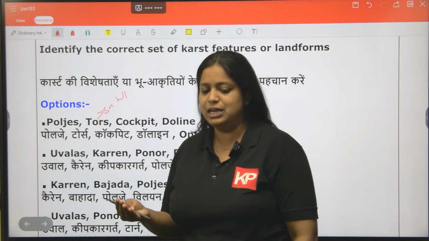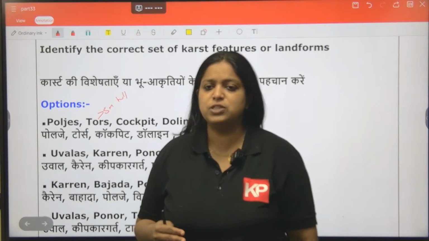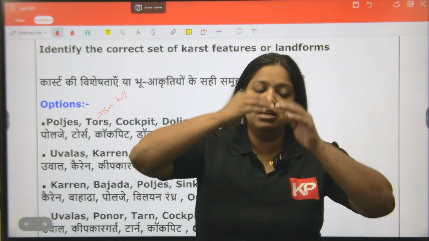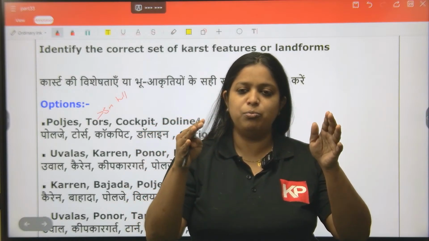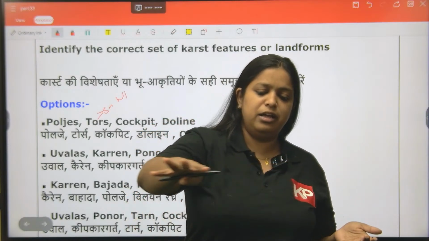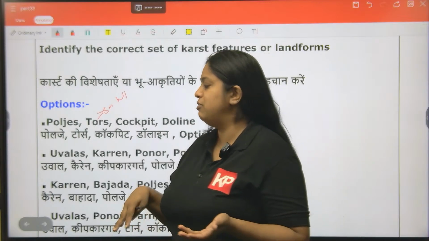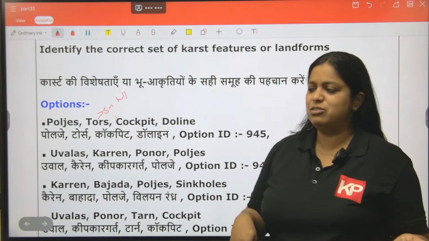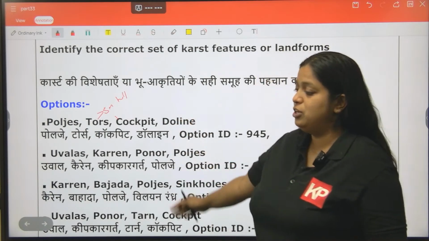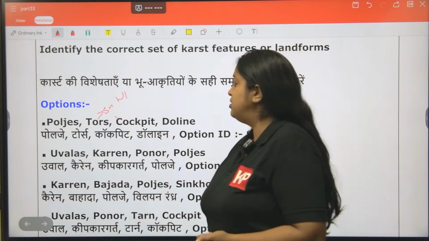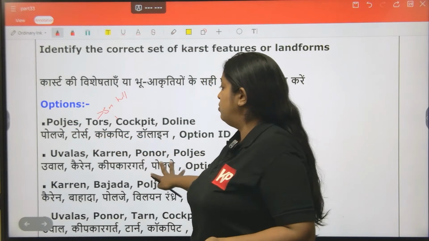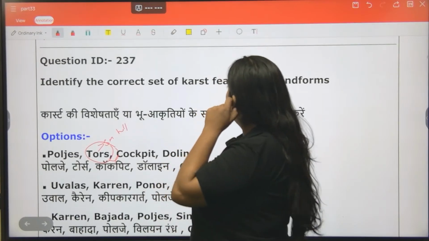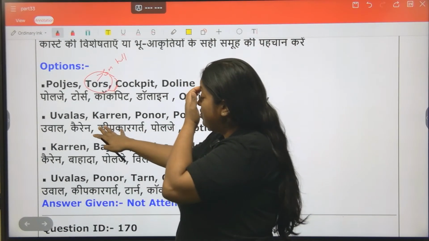Any bedrock, granite or any kind of hard rocks which underwent erosion will form a hill around a planar area. Those kinds of landforms are called tors. Cockpit is associated with karst topography. Dolines are sinkholes, and we know what poljes are also. So this option is wrong because tors is not a karst topographic feature.